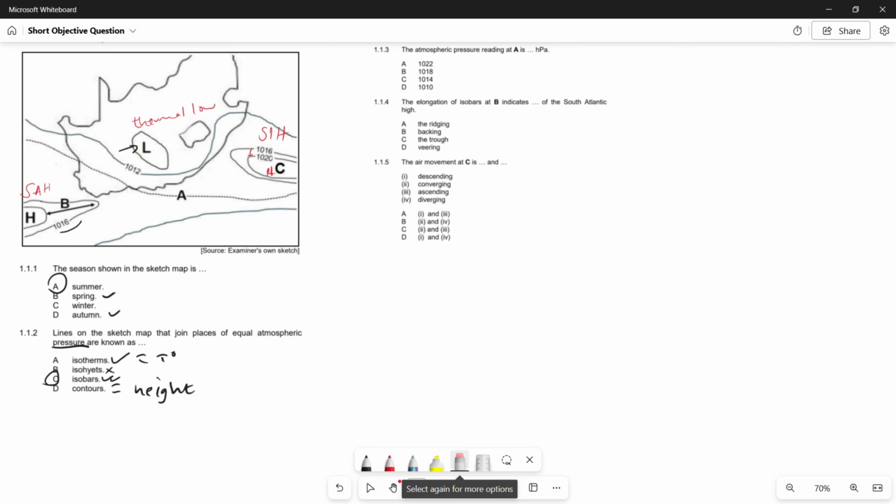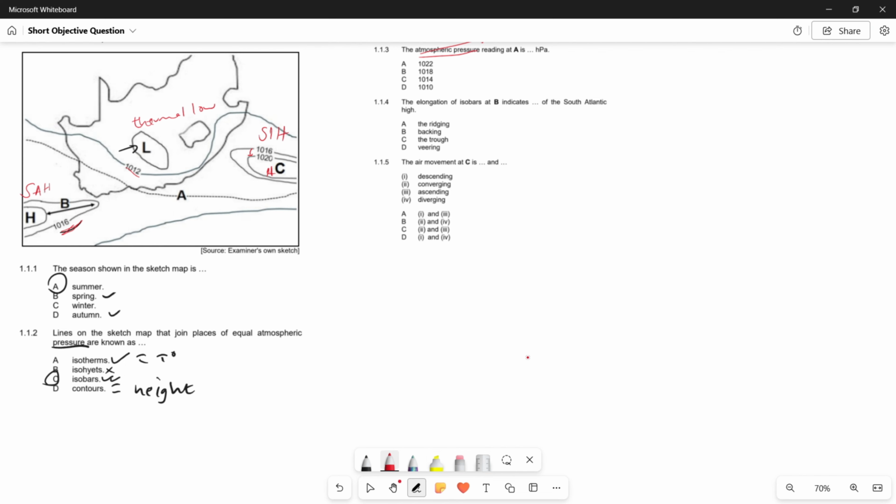1.1.3. The atmospheric pressure reading at A is something hectopascals. Alright, let's look at A. We may conclude that A is an isobar since they told us it reads atmospheric pressure. And this isobar happens to be between 1012 and 1016.